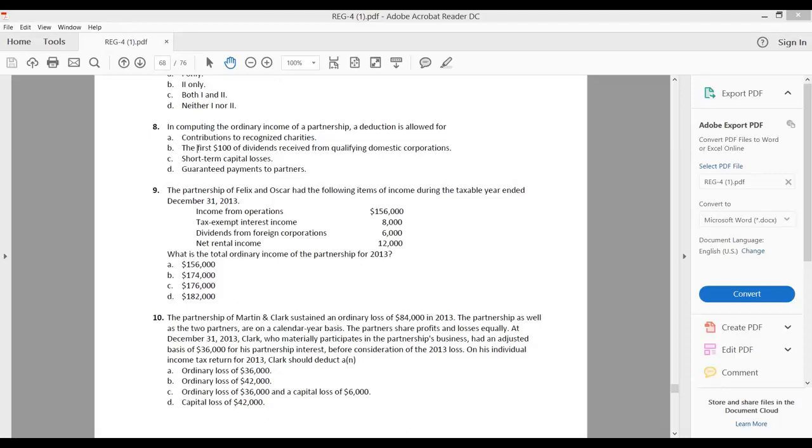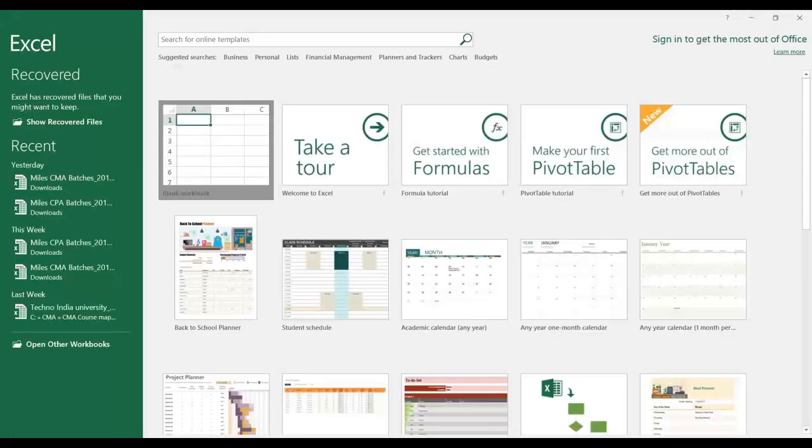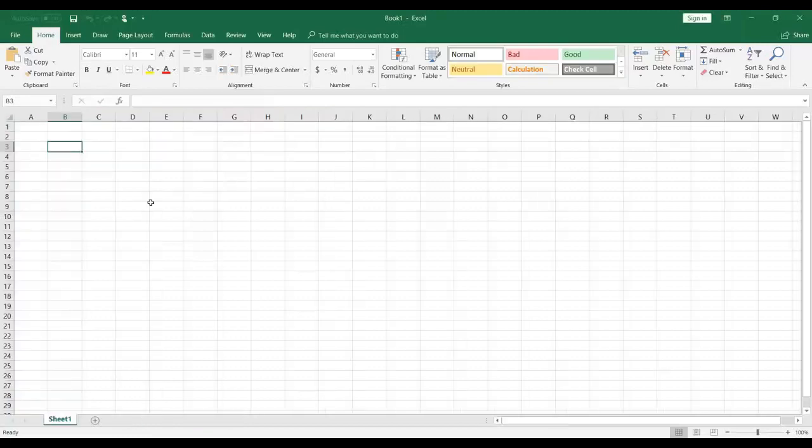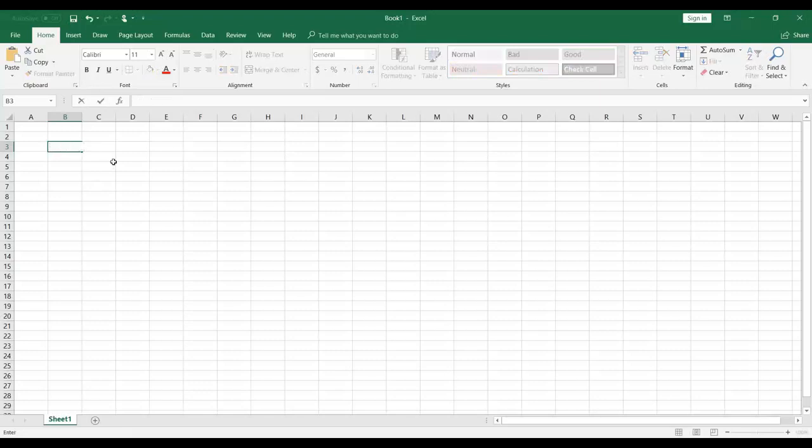What is Clark's basis here, in question 10?